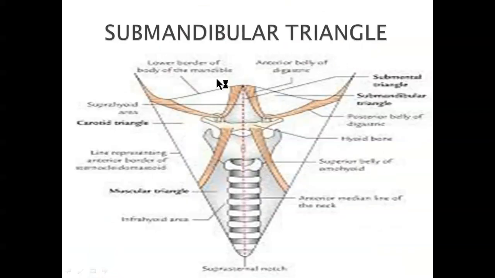Let's talk about the submandibular triangle. It would be in this area. Here we have the anterior belly of digastric and posterior belly of digastric forming the anterior and posterior boundaries of the submandibular triangle.